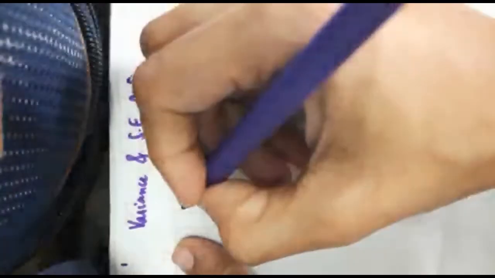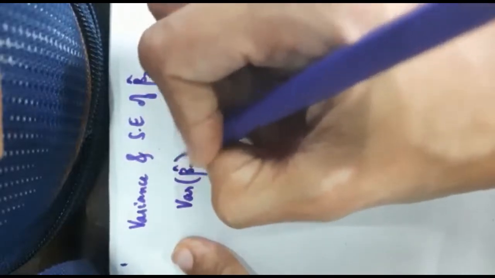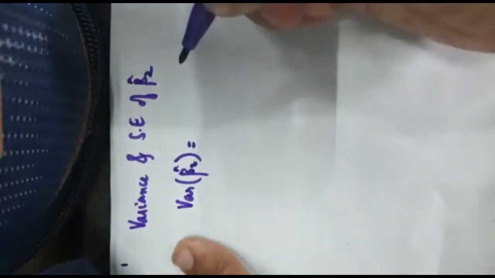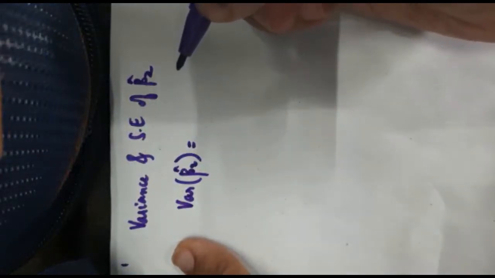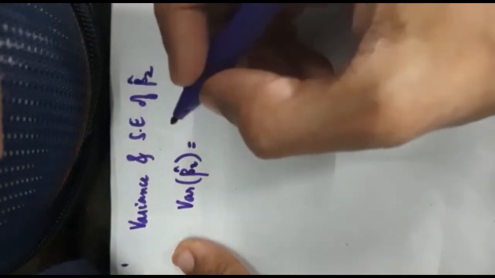We can begin with the formula for variance of beta 2 hat. If you remember, the variance of any variable is the mean of the square of deviations around its mean.